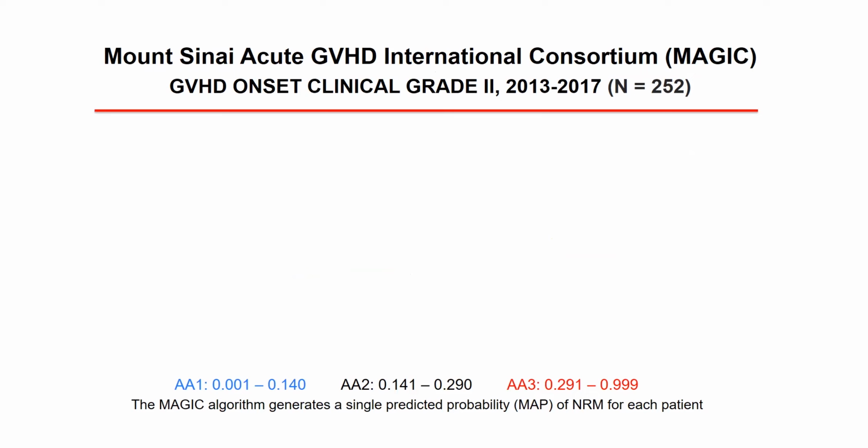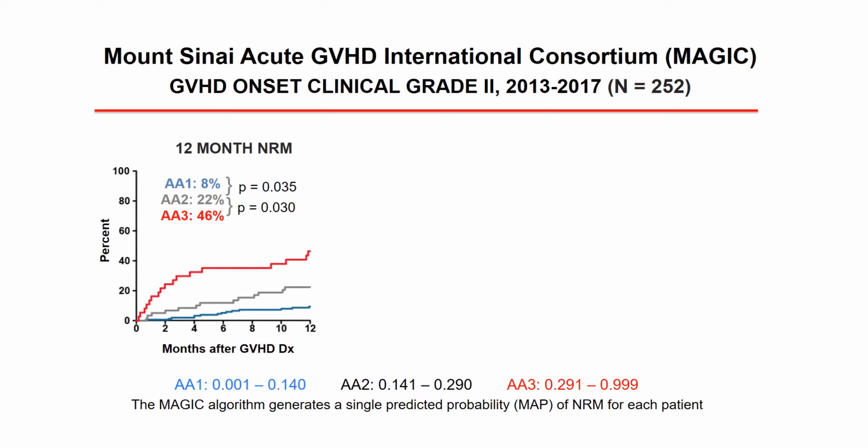I'll show you now some data from about 250 patients that are part of the Mount Sinai Acute GVHD International Consortium, or MAGIC. And we look at biomarkers on our patients that are receiving best available therapy. And in this case, that would have been systemic steroids. So we've got these 250 patients. They all have a clinical grade 2, and the vast majority have just skin disease.